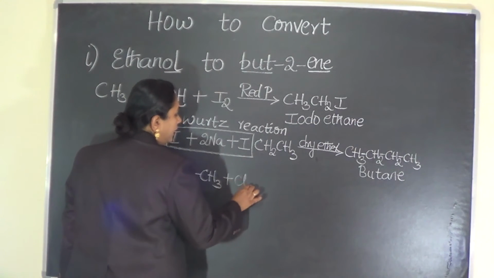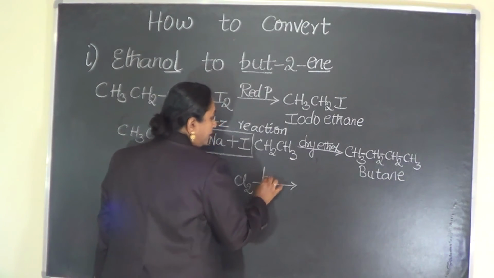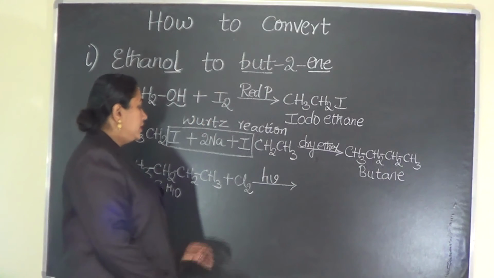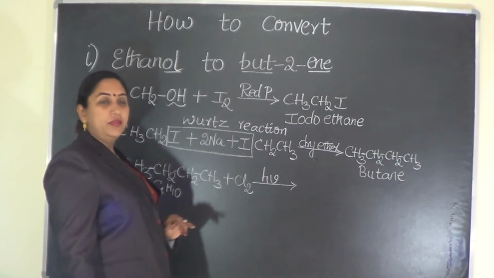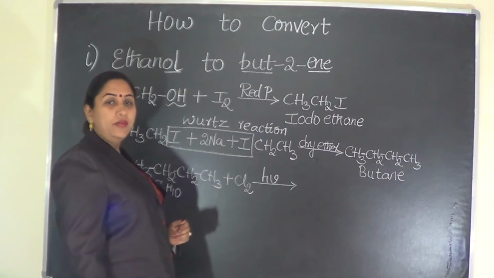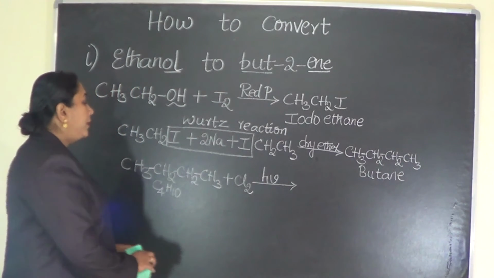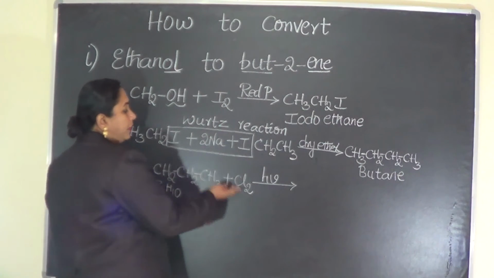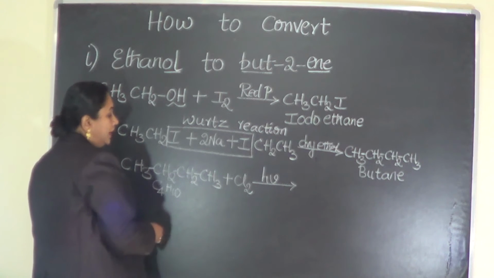Let me say I am carrying out chlorination, to be done in presence of diffused sunlight. Halogenation, either chlorination, bromination, or iodination, any of these can be carried out. For convenience, let us say we are carrying out chlorination. Now what will happen? A hydrogen from here will be replaced by chlorine and it will get removed as HCl.